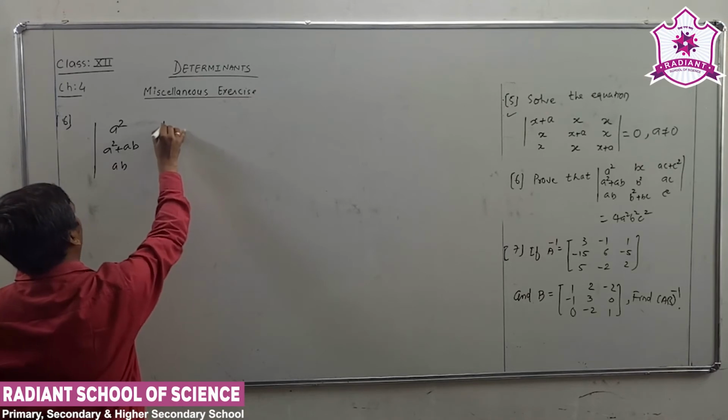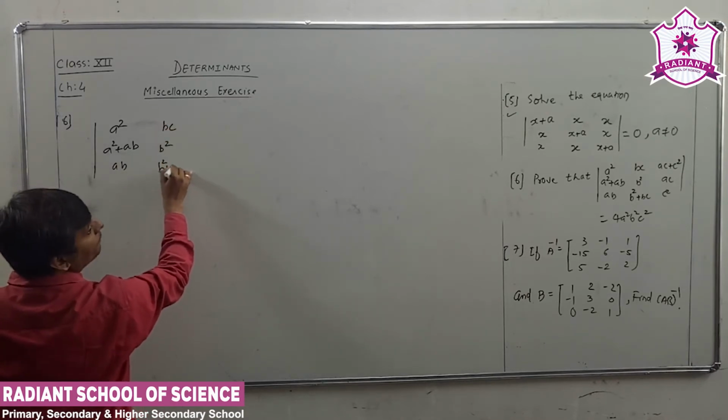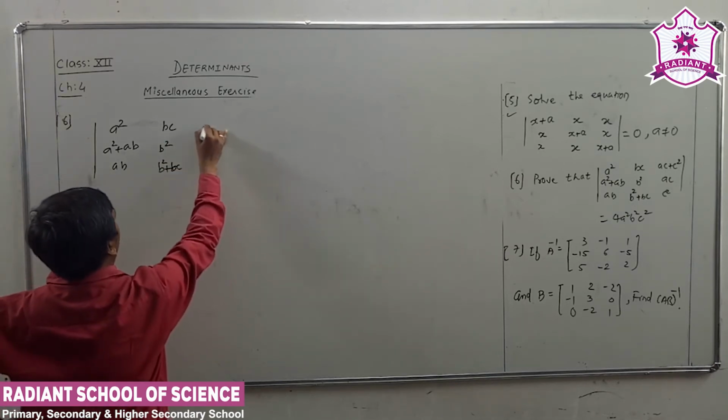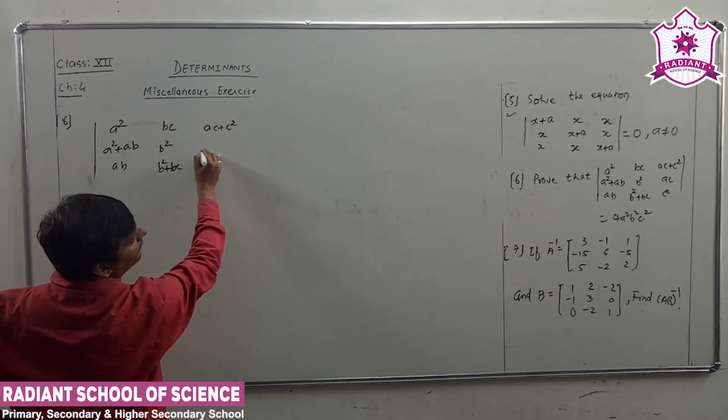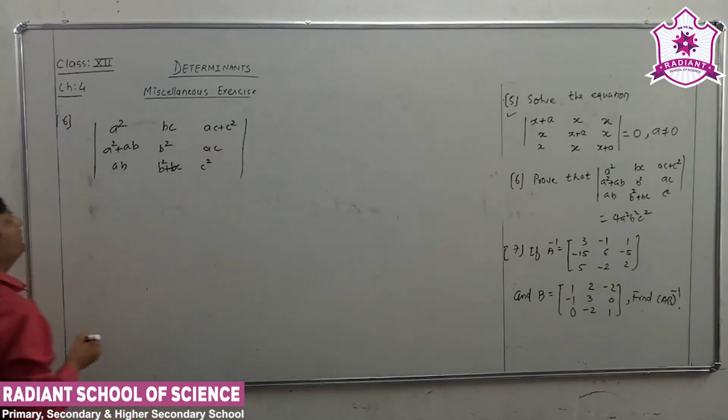BC. Okay, BC. B square and B square plus BC. Right, okay. So AC plus C square. Now AC and C square. Right. Okay, it is very simple.